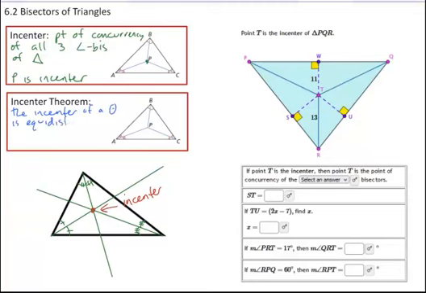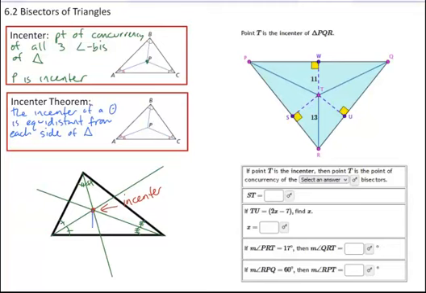So what this means is this point is going to be equidistant from each side of the triangle. Okay, so the circumcenter was equidistant from each vertex. This is going to be equidistant from each side. Okay, and so this is what it's going to look like, or what's going to happen.